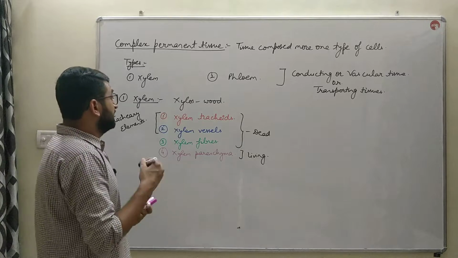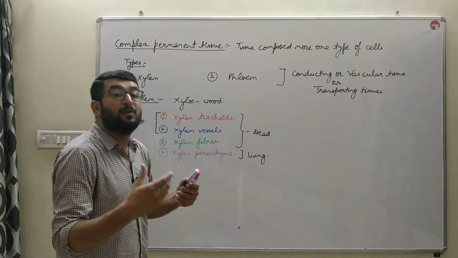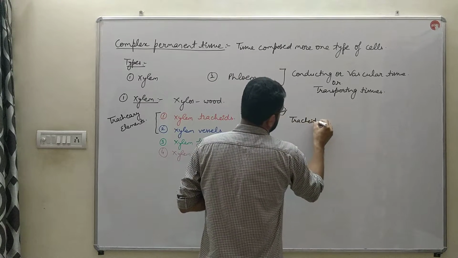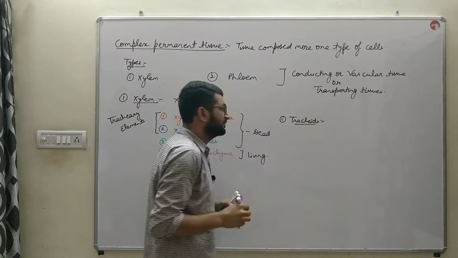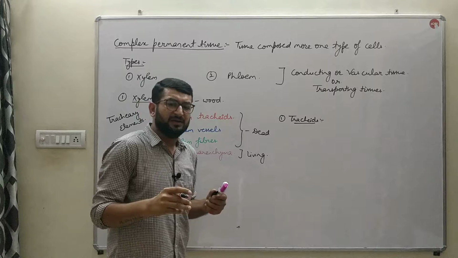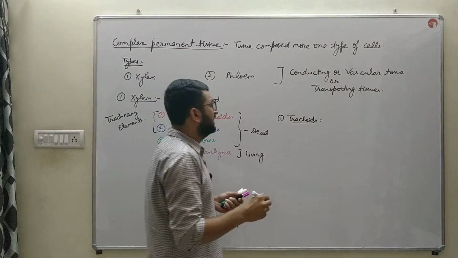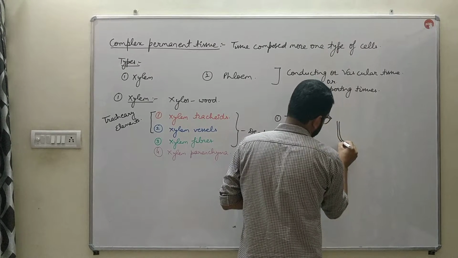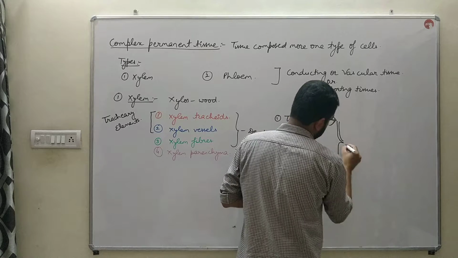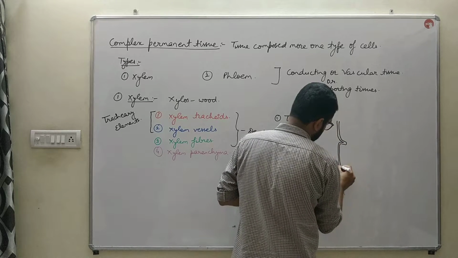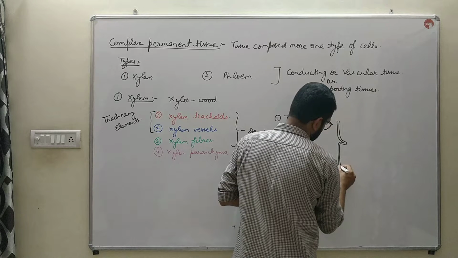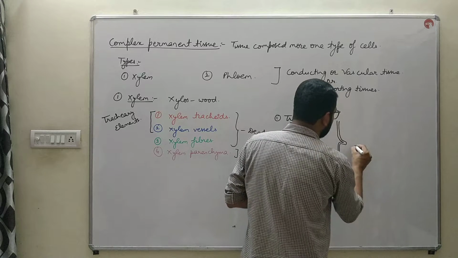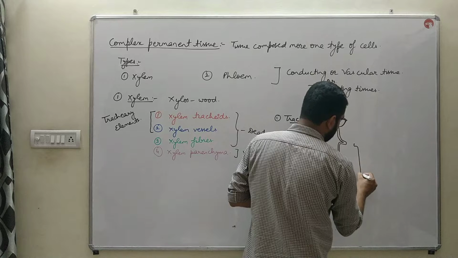Now we'll discuss these tissues one by one. First one is tracheids. Xylem tracheids are long cells having pits in them. The specialized feature of these tissues, or you can say the xylem tissue, is that they are lignified.